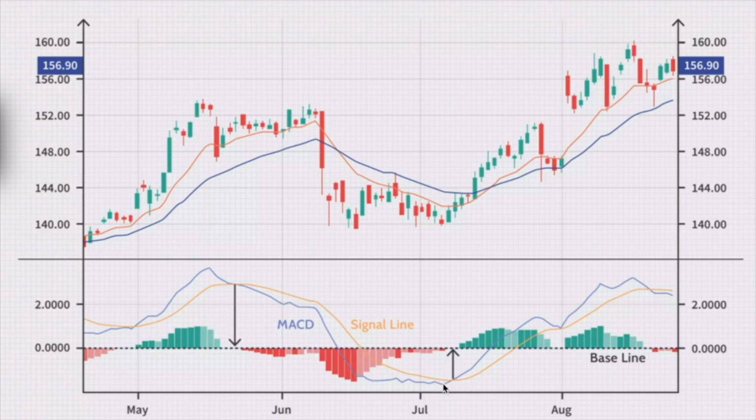This point in time right here was a bullish signal, a reversal, because the MACD line crossed the signal line on an uptrend and it went above the baseline. So this would indicate a bullish turn of events, and in reality, the stock price did go up. So just look for moving average convergence divergence lines to determine whether something is clearly on an uptrend or a downtrend.